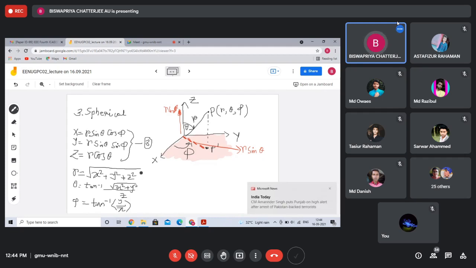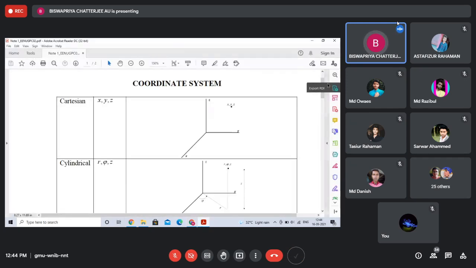So this is the fourth set of equations. If you know this fourth set of equations, you can transform any point from any coordinate system to another. These are the formulas exactly as given in this box.